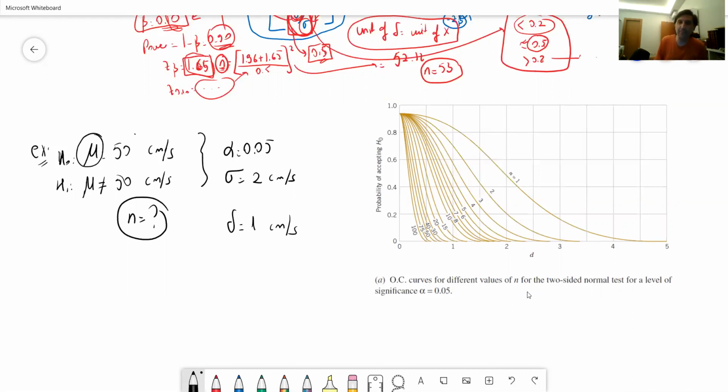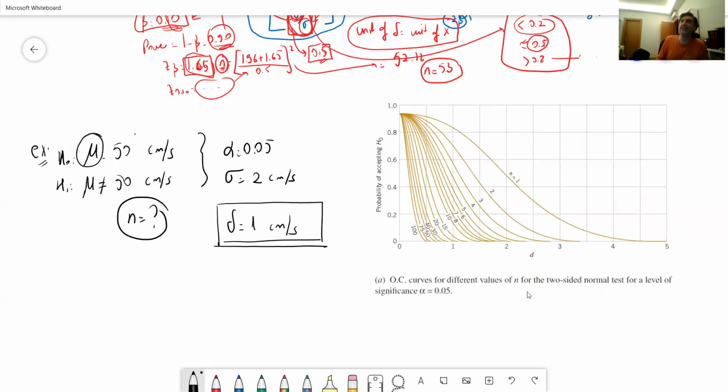So in our hypothesis test, in our sample, we would like to detect a deviation in sample mean when it's at least equal to 1 centimeter per second. If it's greater than 1 centimeter per second, we of course would like to detect this. But if it's at least 1 centimeter per second, we would like to detect that.